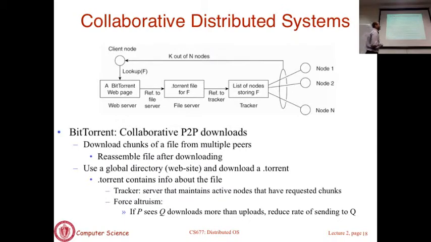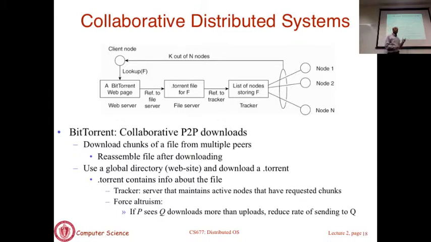So let's say you're using BitTorrent to download the latest Linux distribution. These are typically DVDs that may be gigabytes in size. Okay? So there may be many nodes that have a copy of that distribution. So you can then connect in parallel and say, give me the first 500 megabytes from node 1, then you say, give me the next 500 megabytes from node 2, and so on and so forth. Okay?